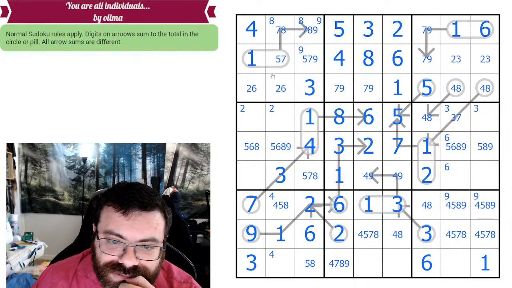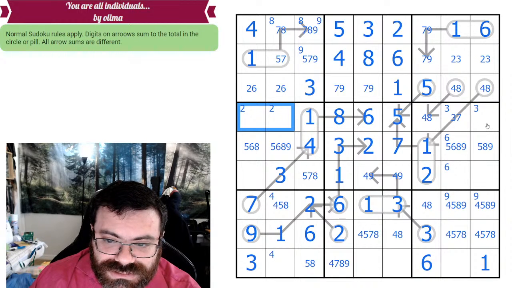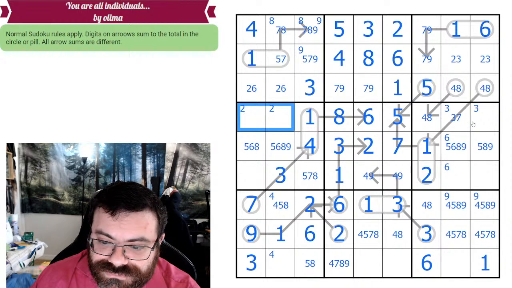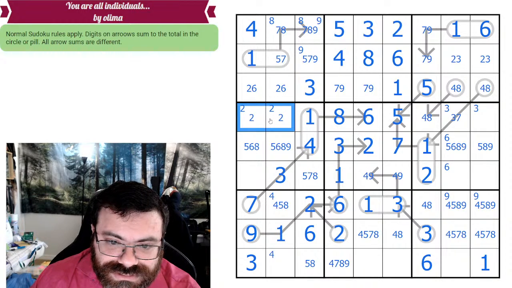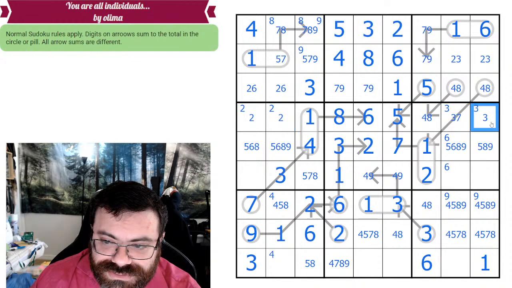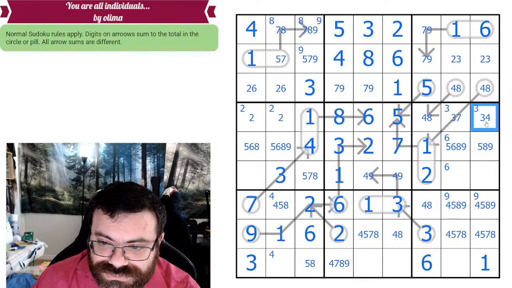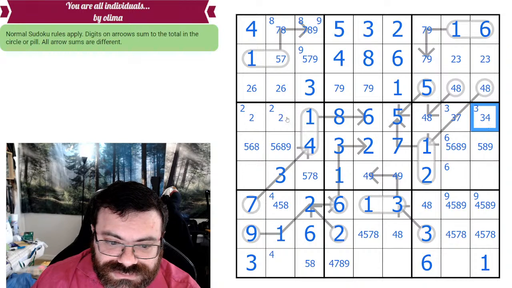Clean up row 4. So 2 goes here. 3 goes here. 4 can go here. 5, 6, 7 can go here.